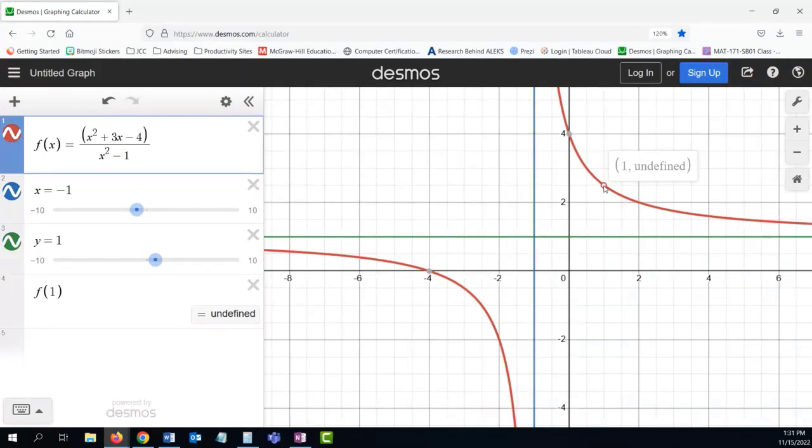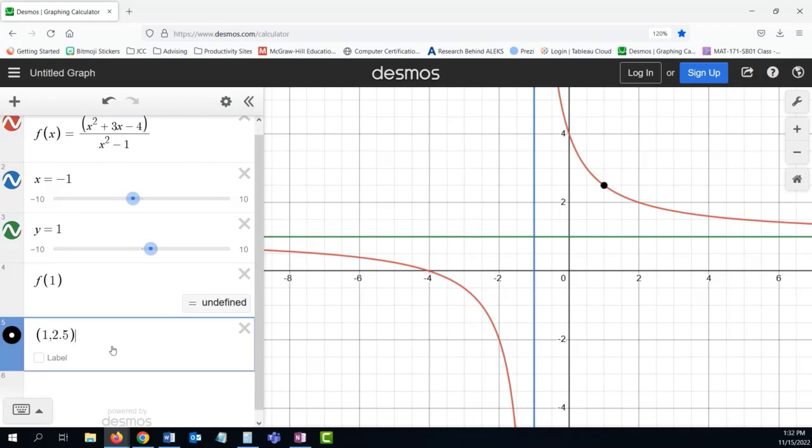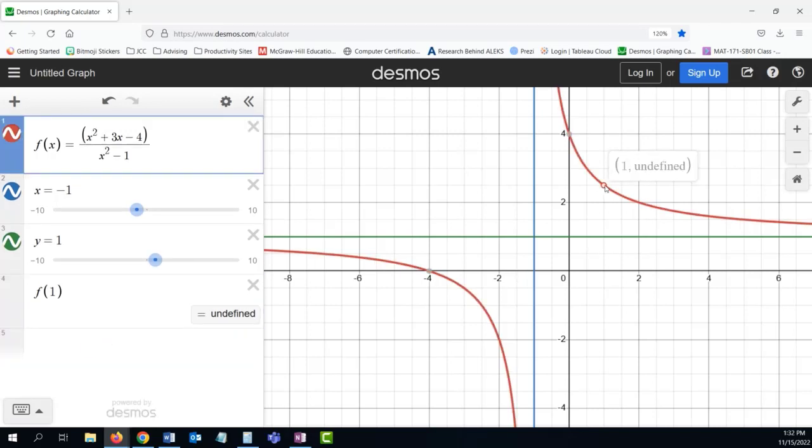Okay. You won't see these holes in the graphs. You'll have to go find them. So if you graph this on a calculator or on Desmos, notice that the hole's not just sitting out there. But I can plot a point. I believe that's what it is. Okay, so it lives right there.